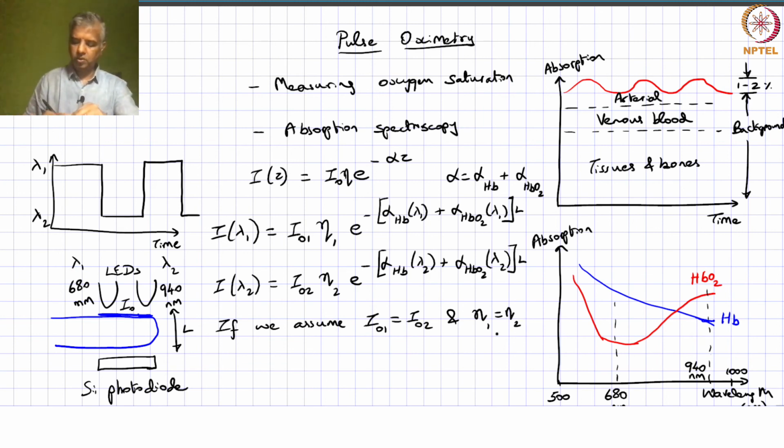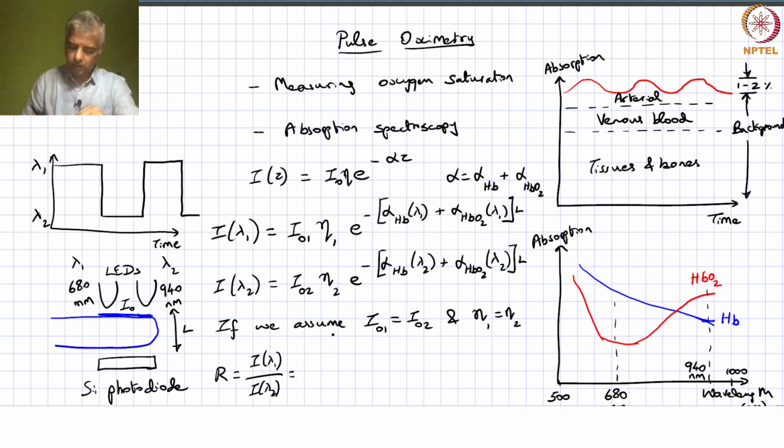So, if we assume that is the case, then when we take the ratio R, which is I of lambda 1 divided by I of lambda 2, what you have is just the exponential, right.